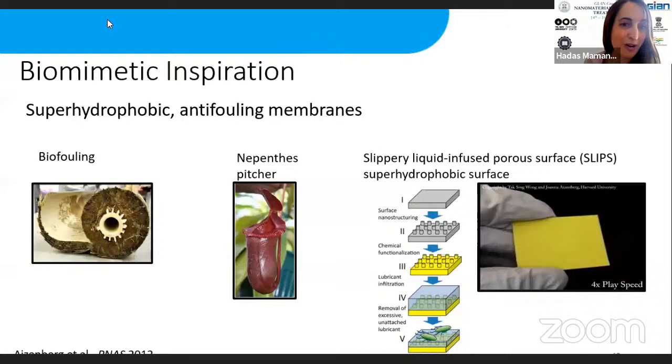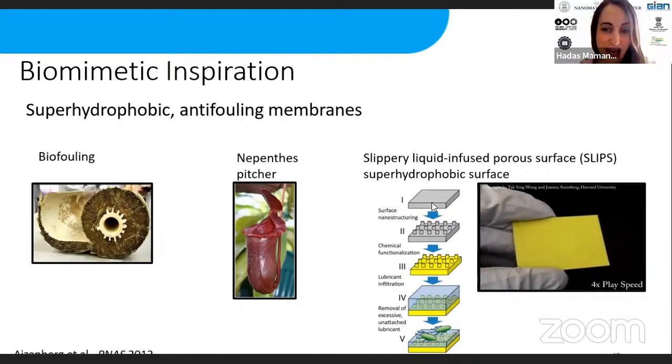So if we look at biomimetic inspiration, we can design super hydrophobic anti-fouling membranes. For example, we can see here the extensive fouling on this membrane, but we can also design slippery liquid infused porous surfaces to design a super hydrophobic surface.